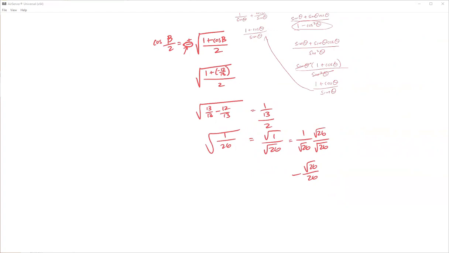So then you multiply by the reciprocal, right? So that's why it's 1 over 26. If you multiplied it by 2, then it'd be 2 over 13. But since you're dividing by 2, it's 1 over 26. Cool.